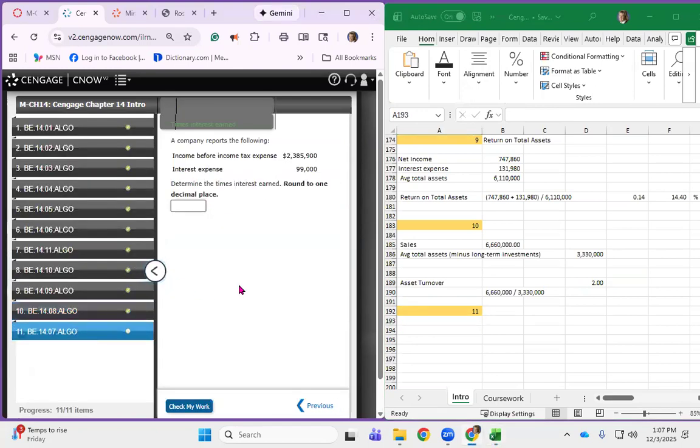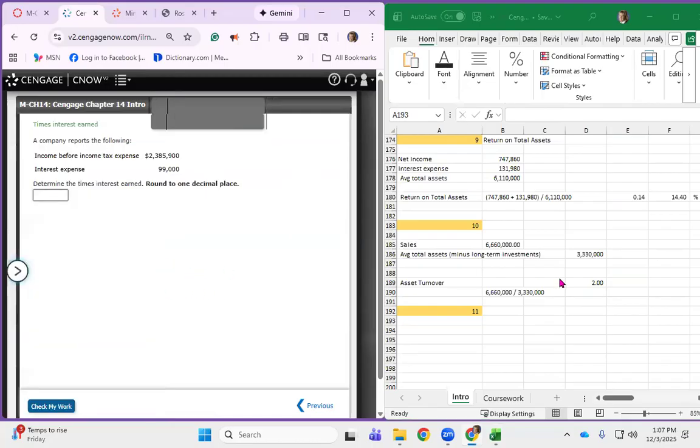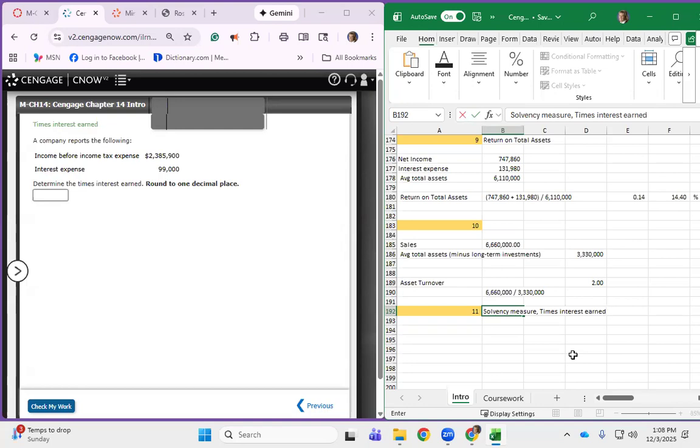The last one is the times interest earned. This is a solvency measure, so we're going back to one of the solvency measures. We are going to use income, but it's a specific income.